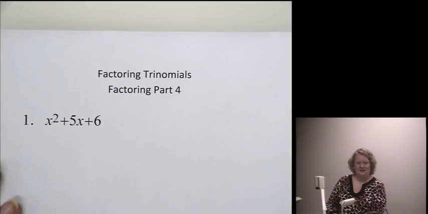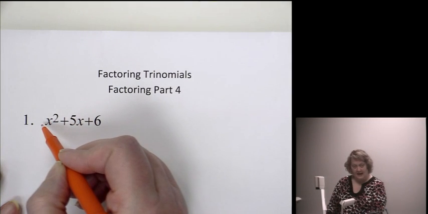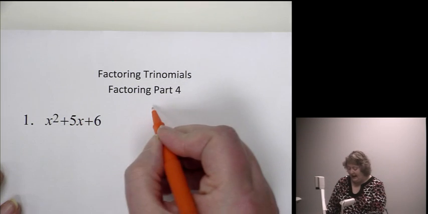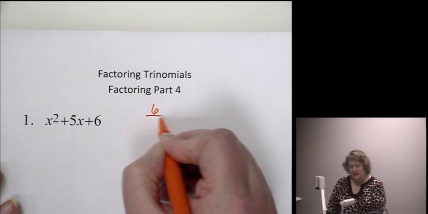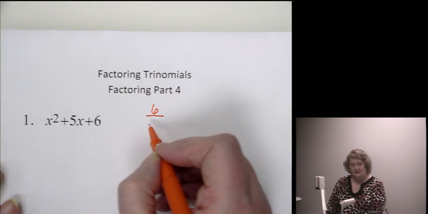Let's start by looking at x squared plus 5x plus 6, and let's talk about how we're going to factor it. In factoring trinomials part 3A and B, we talked about how we'd multiply the first and last terms and get 6, and it had to be something that multiplies to be 6 but adds to be 5.